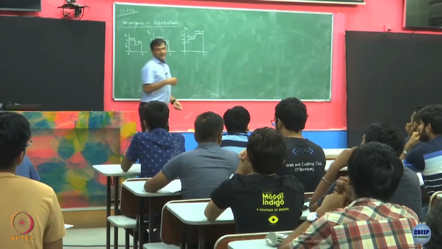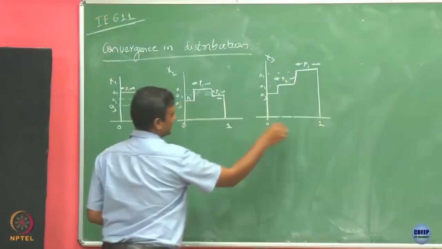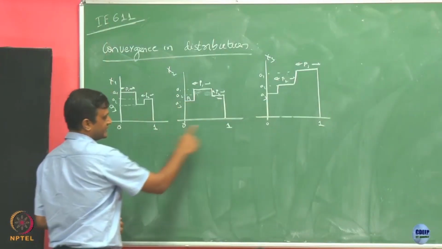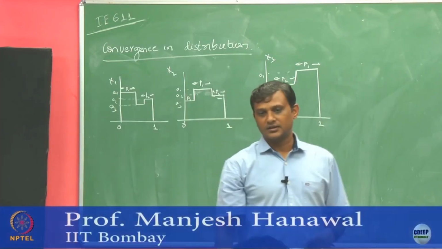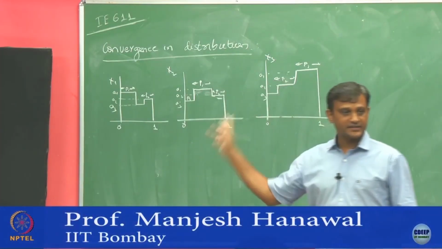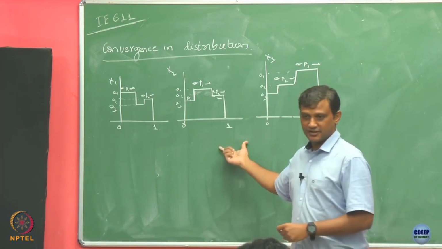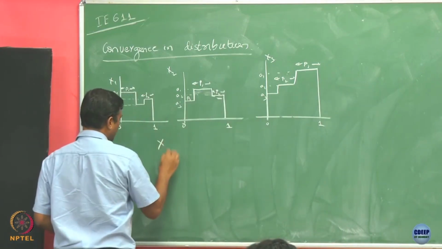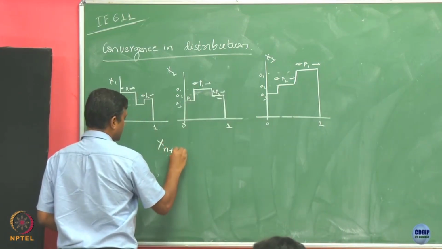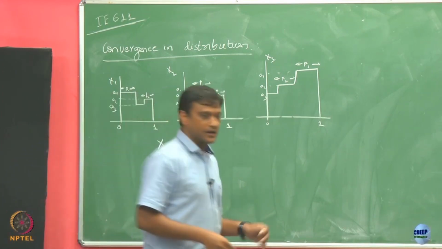Now let's say that x4 is this, x5 is this, and so on; my random variables are now periodic versions of this. So what we mean is x(n+3) is simply going to be xn for all n.